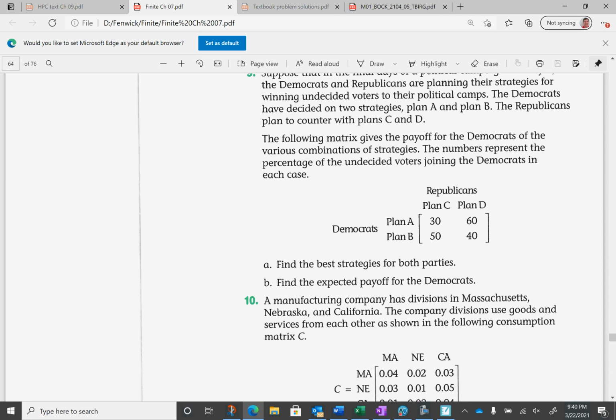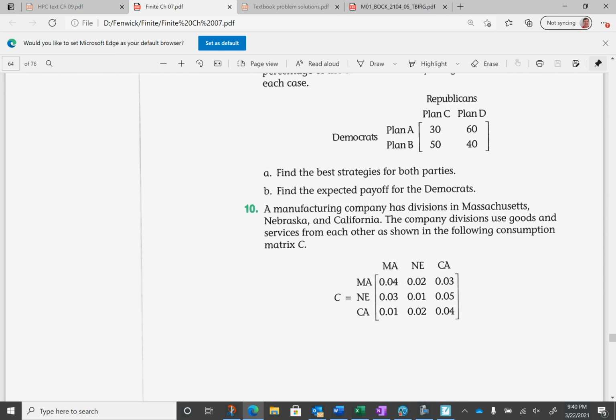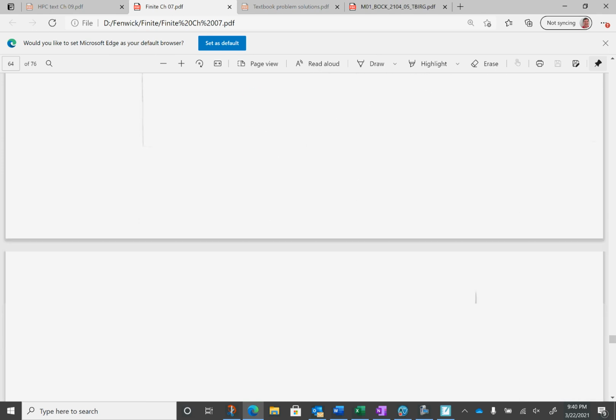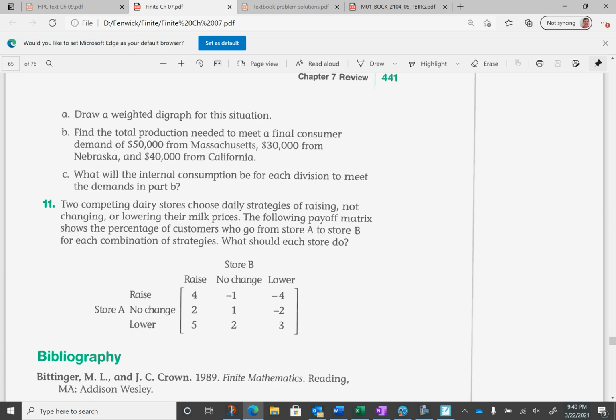And again, number 10, we've got the 3 sector, 3 location economy, I guess we could say. And again, that's very similar to earlier ones.